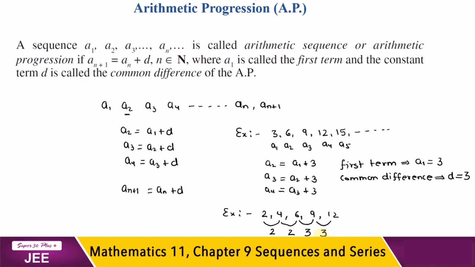So we can see that the difference between two consecutive terms throughout the sequence is not the same. Between first and second it was 2, between second and third it was 2, between third and fourth it becomes 3. So here it violates the definition, or the condition, of an arithmetic progression. So this sequence is not an AP.